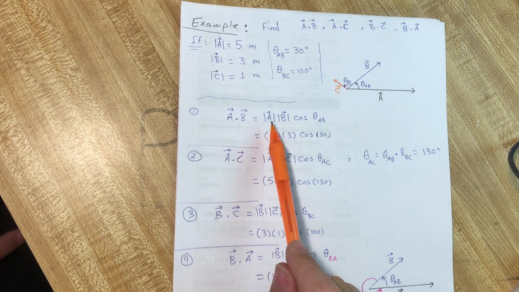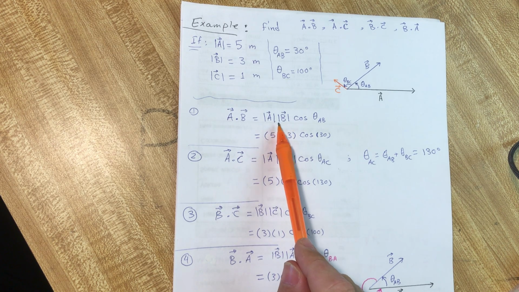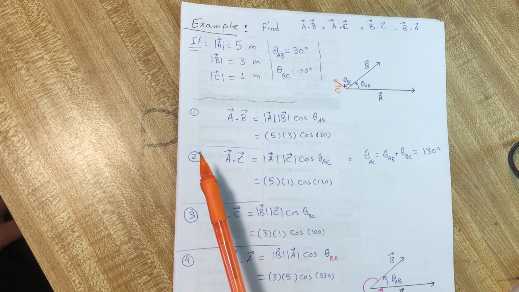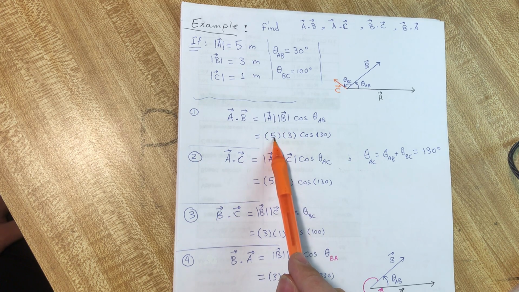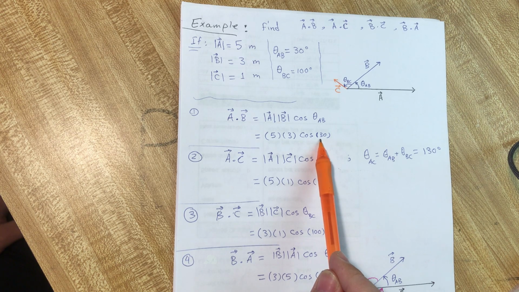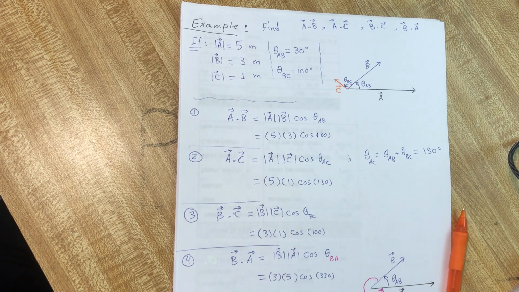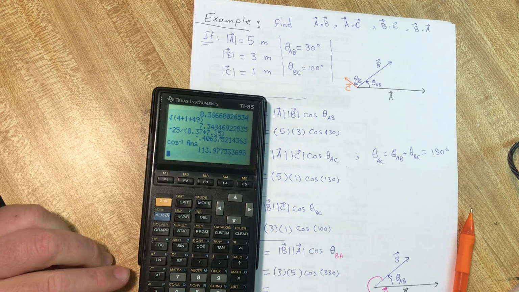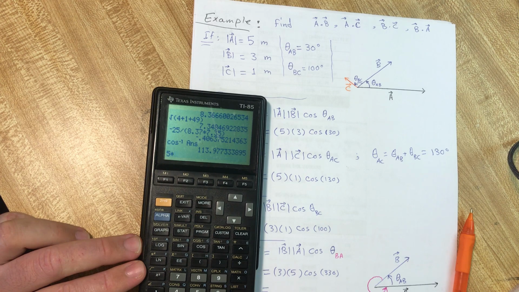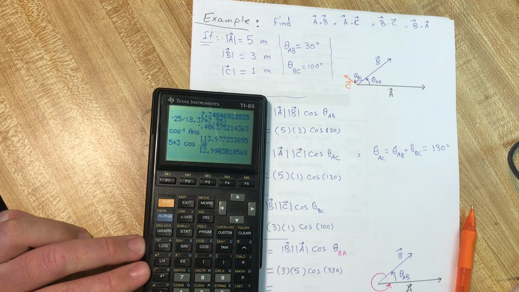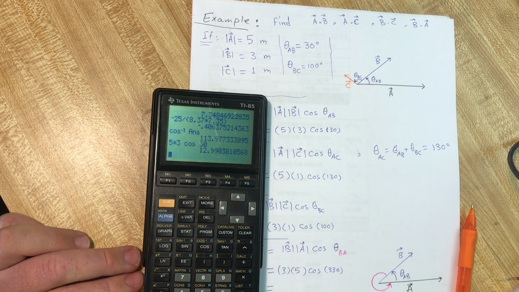A dot B is equal to the length of A multiplied by the length of B multiplied by cosine theta. The length of A is 5, this is 3, cosine 30. You can use the calculator. 5 multiplied by 3 multiplied by cosine 30 is equal to 12.99.